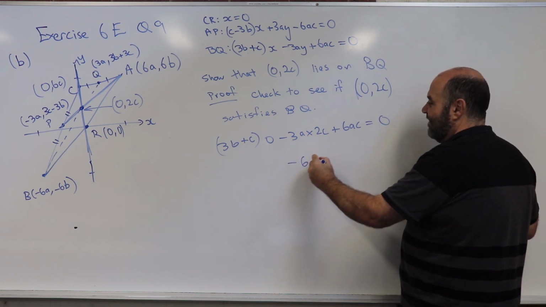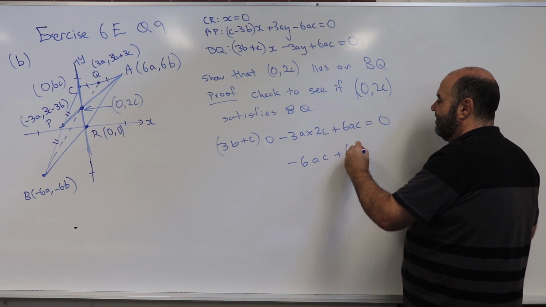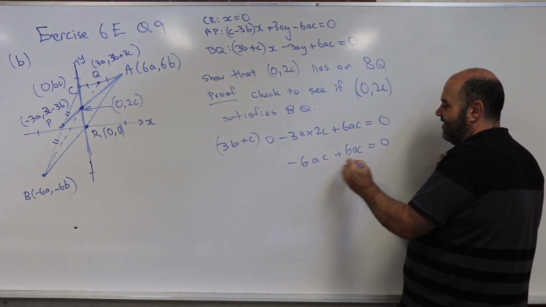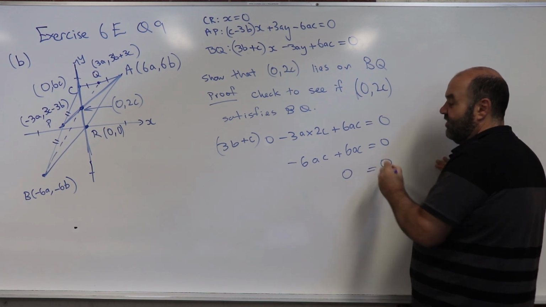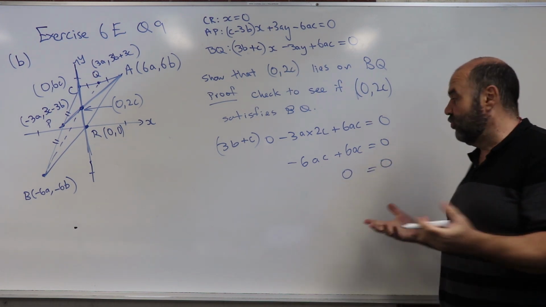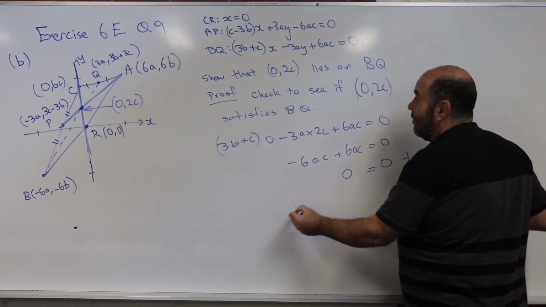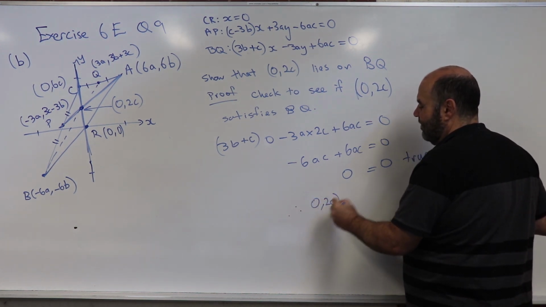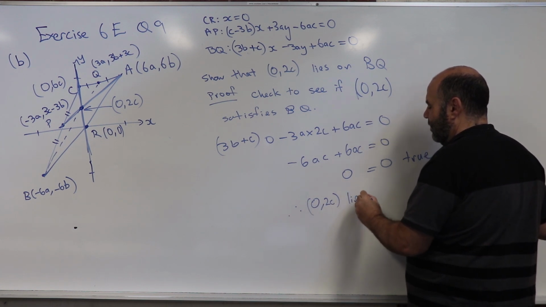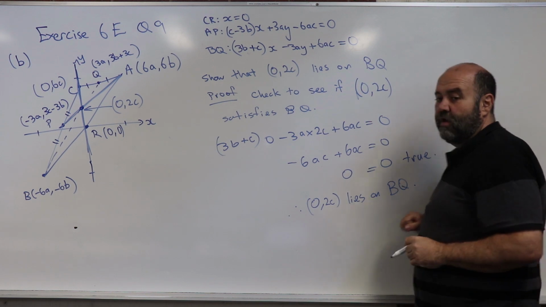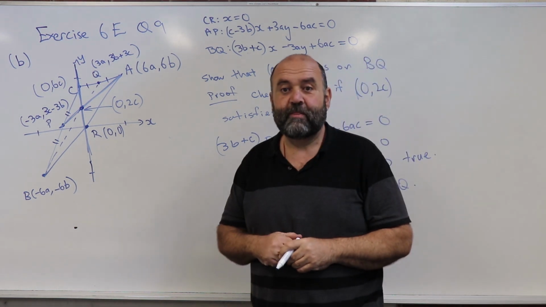Well, that's minus 6ac plus 6ac equals 0. Minus 6ac plus 6ac is 0. So I get 0 equals 0. That's a true statement. Therefore, 0, 2c lies on BQ, as required to be proven.